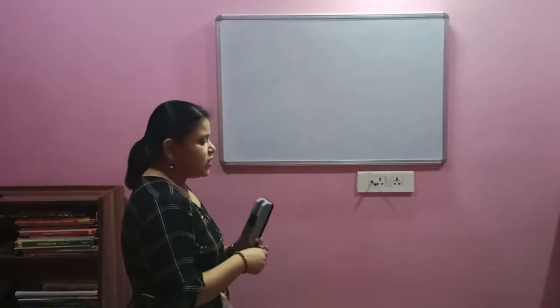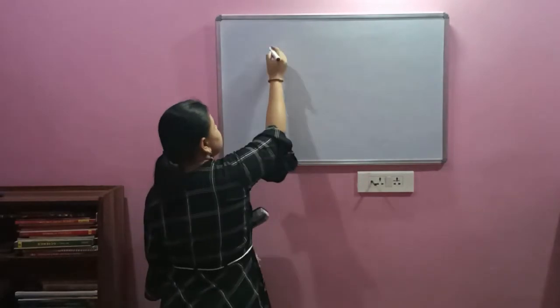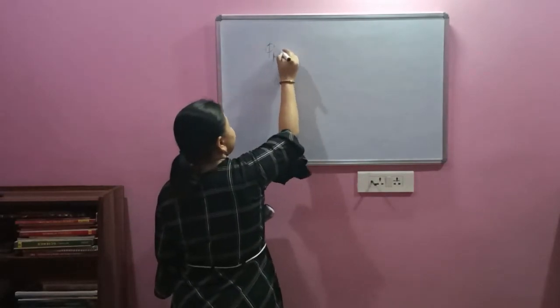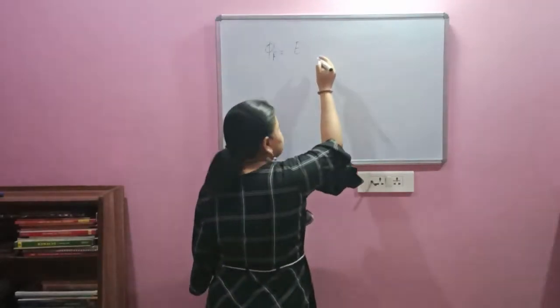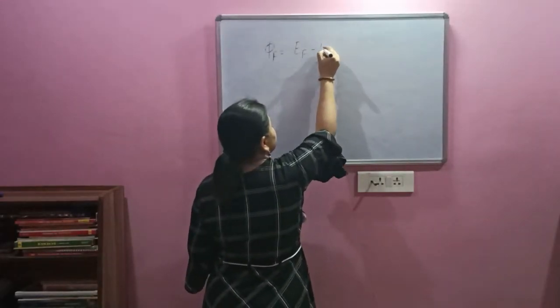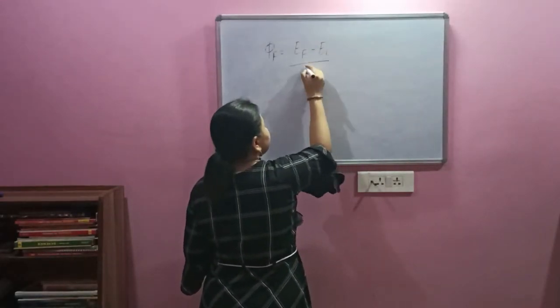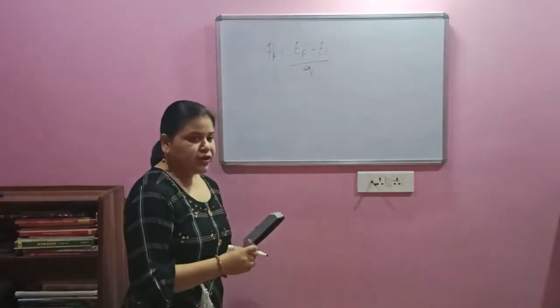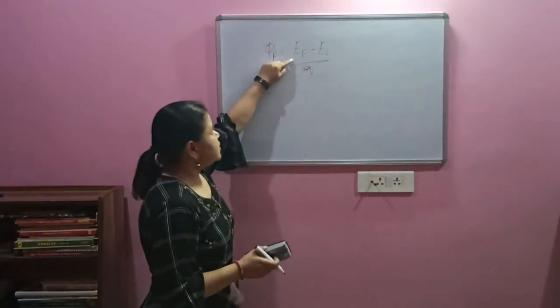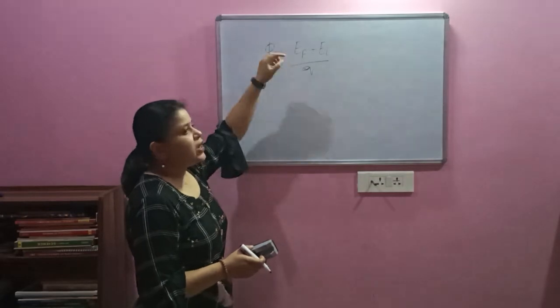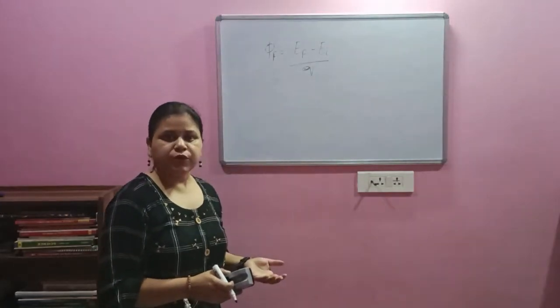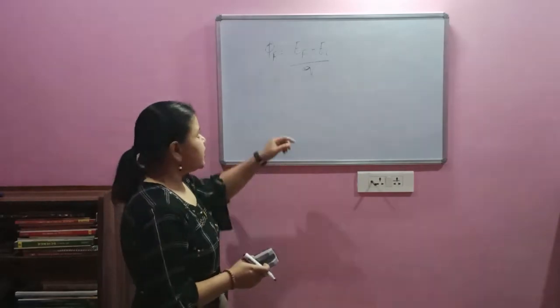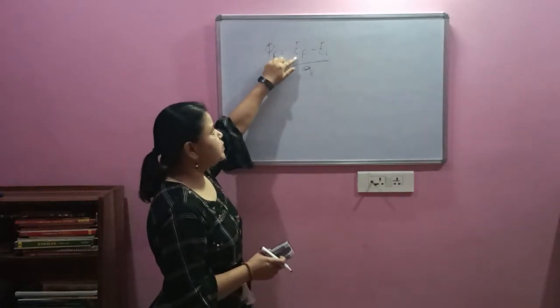If we see what the Fermi potential is, then this Fermi potential phi f is given as the gap between the Fermi level and the intrinsic level divided by the electronic charge. Now this is the Fermi level at equilibrium, when we are not applying any potential from outside, so we say that it is the equilibrium Fermi potential.